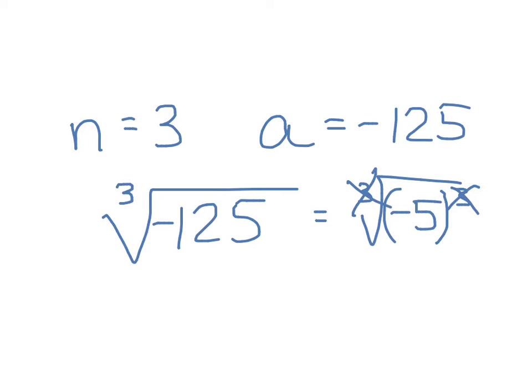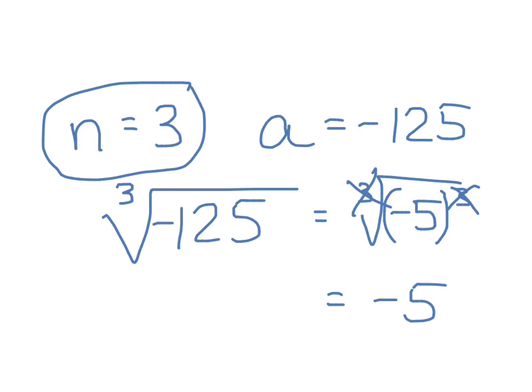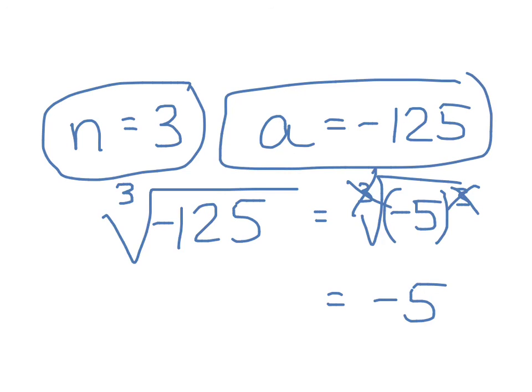Those cancel, leaving you negative 5 as my final answer. So when you see problems like that, they're the same thing. This number is telling you what number goes in the crack, and this number is telling you what goes underneath. Okay? So on Friday, if you were gone, that's really what you missed, was just that part. And we did a couple of those other ones.